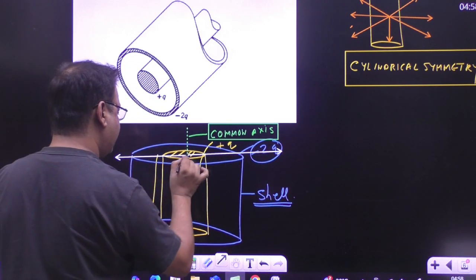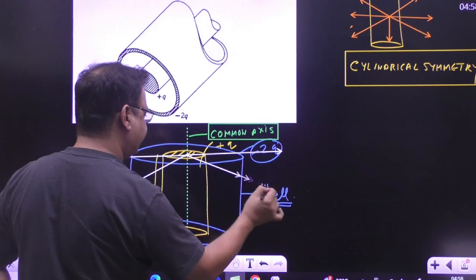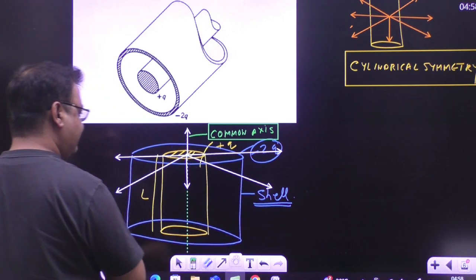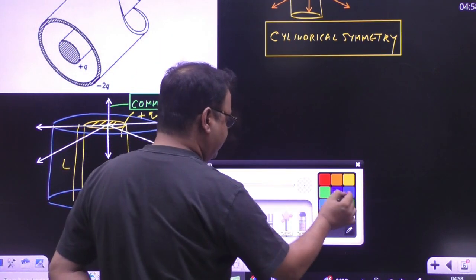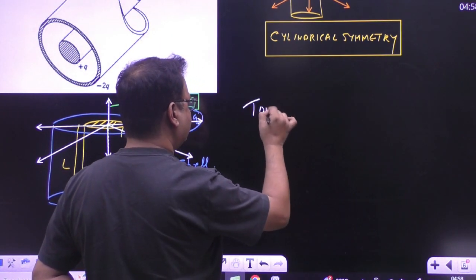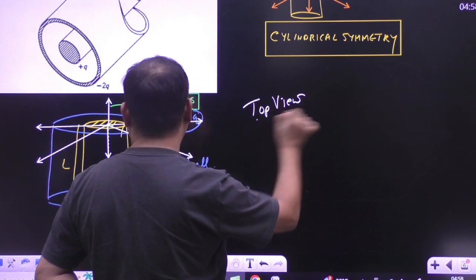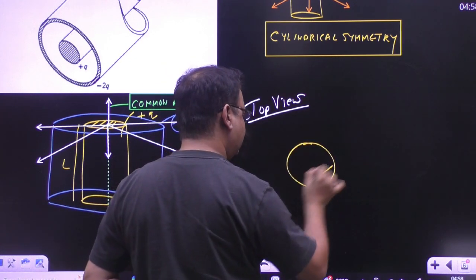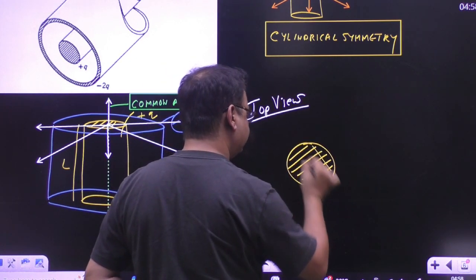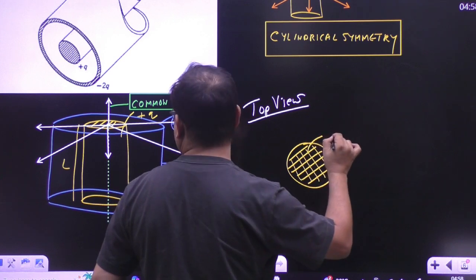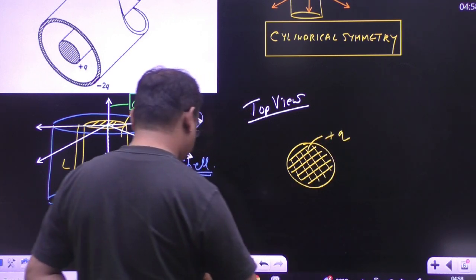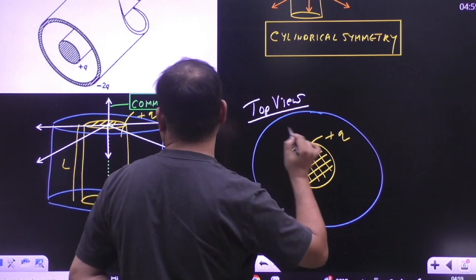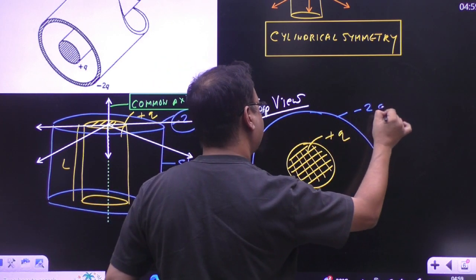So the field would be going like this. The field will have cylindrical symmetry, everywhere it is going like this. If you see the top view, in the inner segment you will see the cross section with a charge of plus Q, and then you will see the cylindrical shell with a charge of minus 2Q.